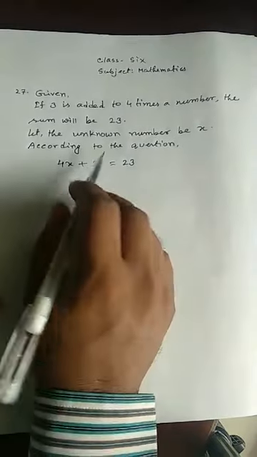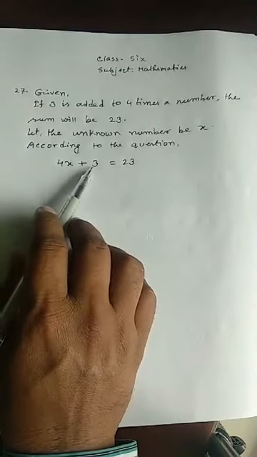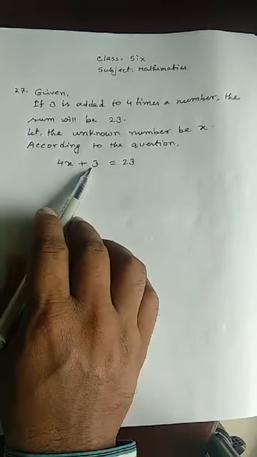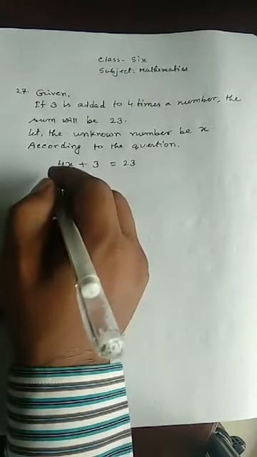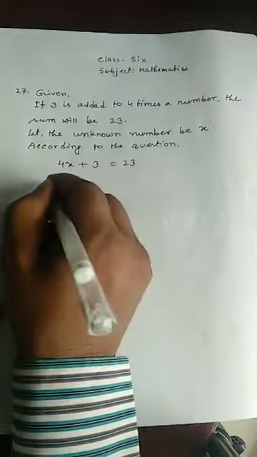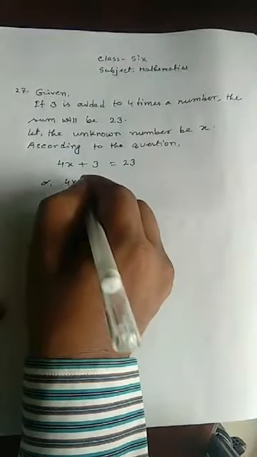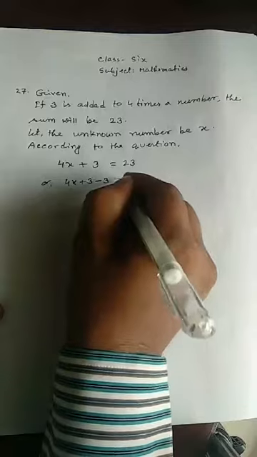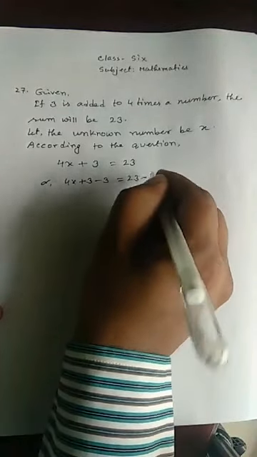Now at first you have to subtract 3 from both sides because there is plus 3. The opposite of plus 3 is minus 3, so 4x plus 3 minus 3 equals 23 minus 3.